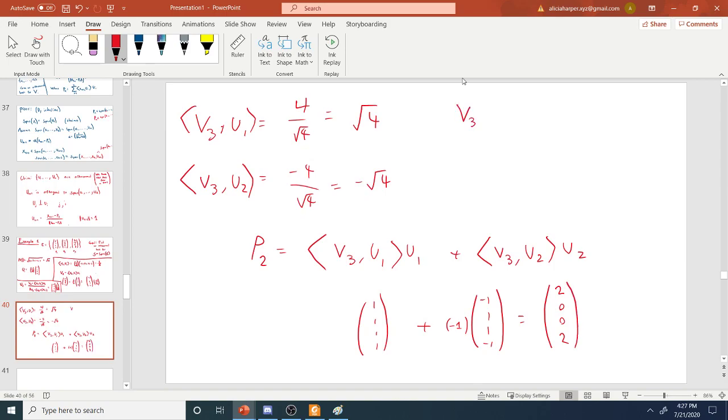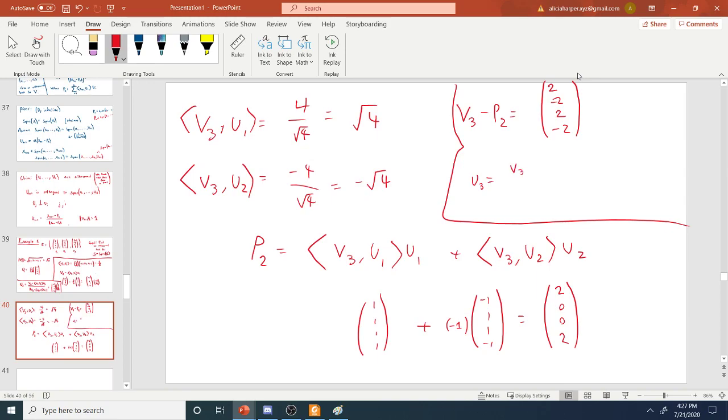And V3 minus P2 ends up being 2, negative 2, positive 2, negative 2. To get U3, I take V3 minus P2 and normalize it.